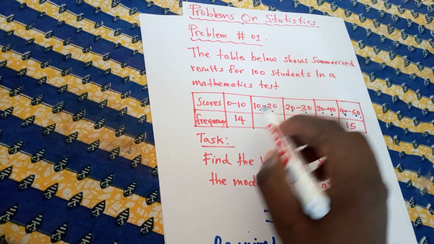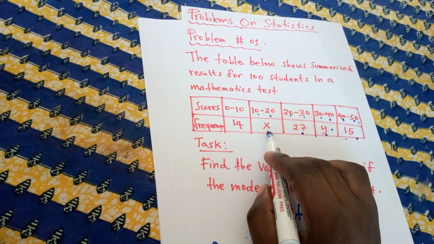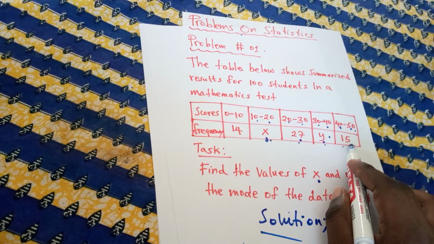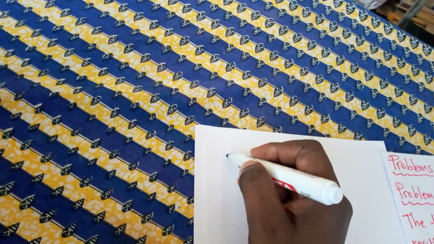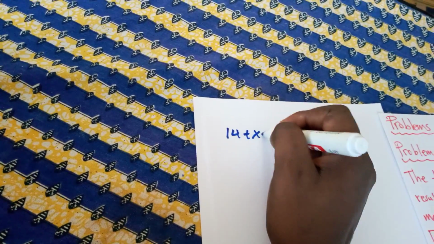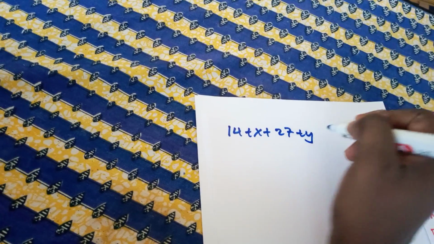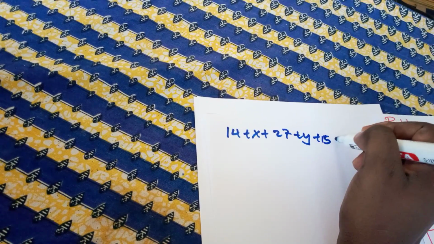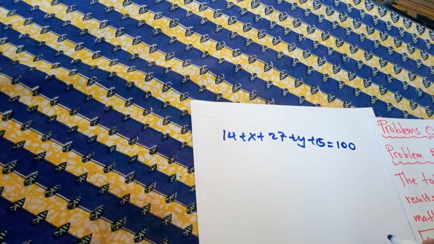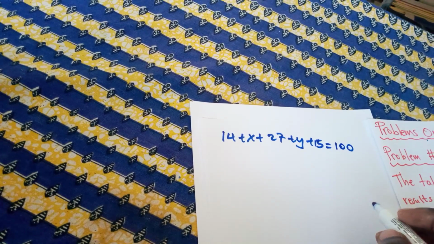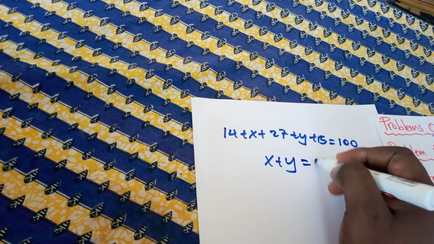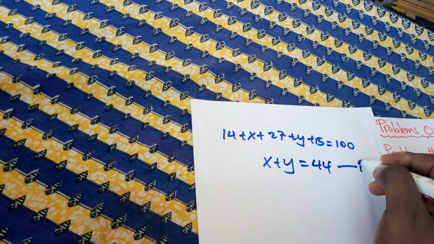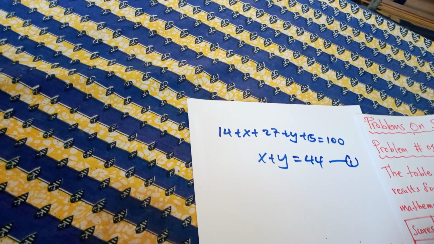It means when you take 14 plus x plus 27 plus y plus 15, you get 100. From there, you find that x plus y is equal to 44. This is what we call equation number 1.